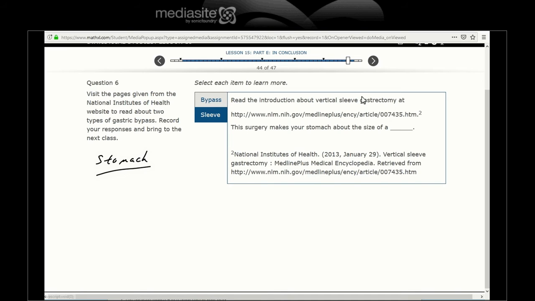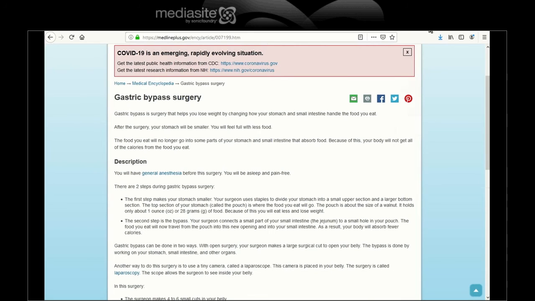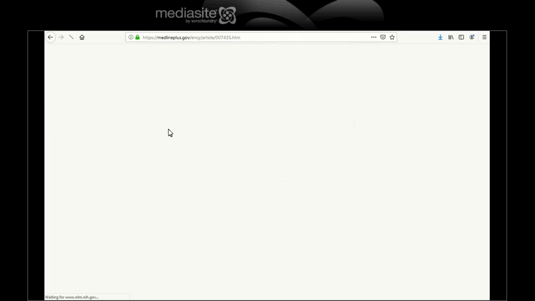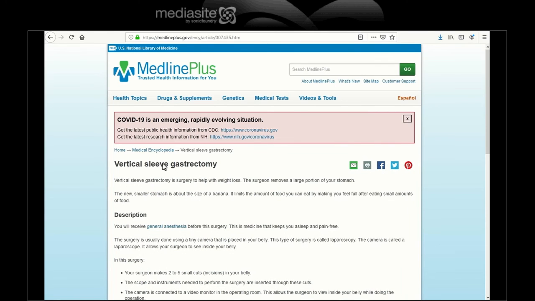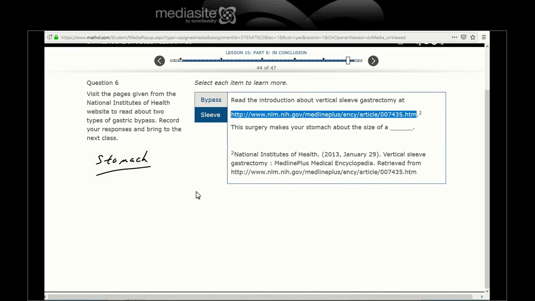Now the sleeve gastrectomy will make your stomach about the size of a... Oh, that's interesting. Vertical sleeve gastrectomy is surgery to help with weight loss. The surgery removes a large portion of your stomach. The new smaller stomach is about the size of a banana. It limits the amount of food you can eat by making you feel full after eating small amounts of food. That is very extreme. Size of a banana.